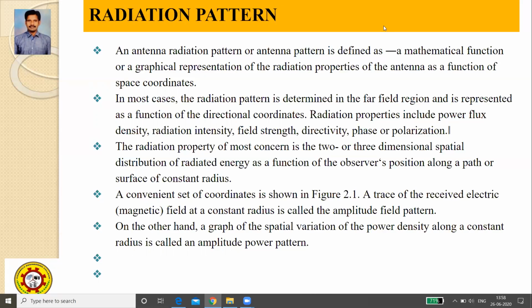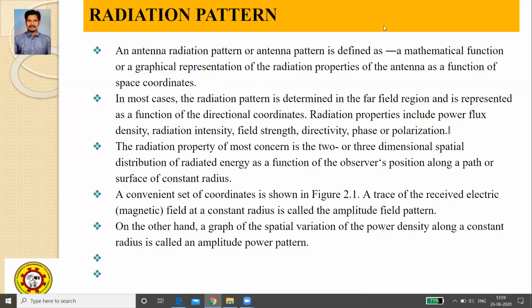In most cases, the radiation pattern is determined in the far field region. Therefore, this radiation pattern is represented as a function of directional coordinates.